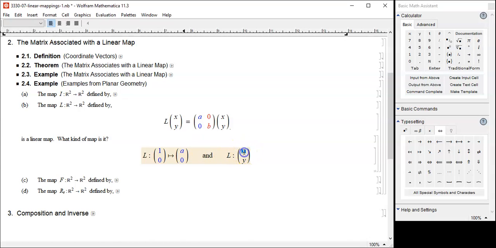And E2, basically (0, 1), is sent to (0, B).